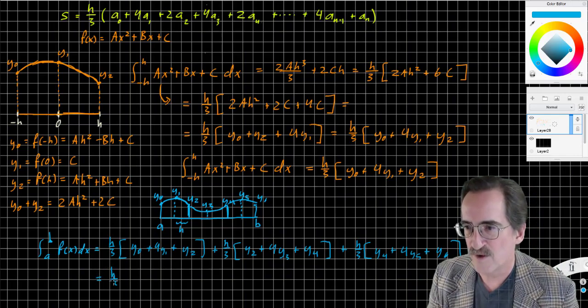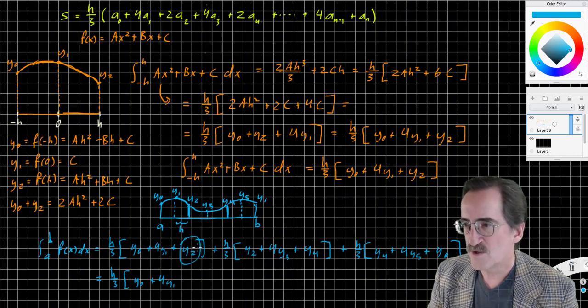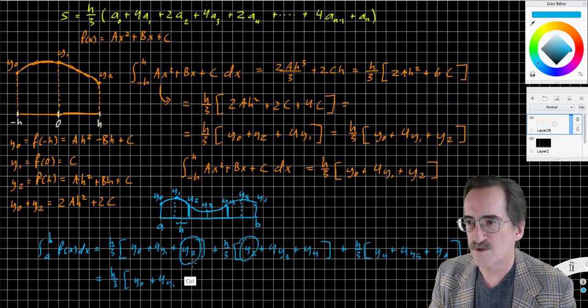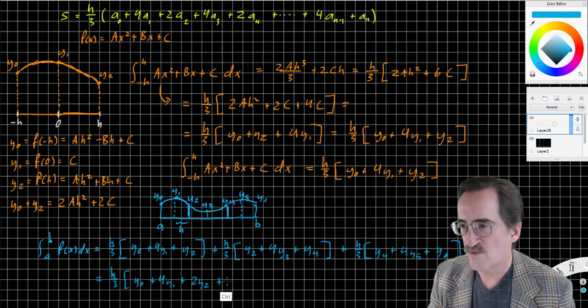h over 3 times. Now there's only one y0. There's a 4y1. There's a y2 here and a y2 here, so there are two y2s. There's 4y3.